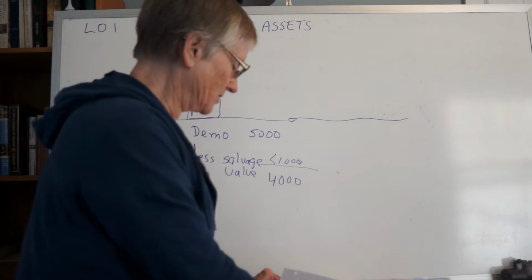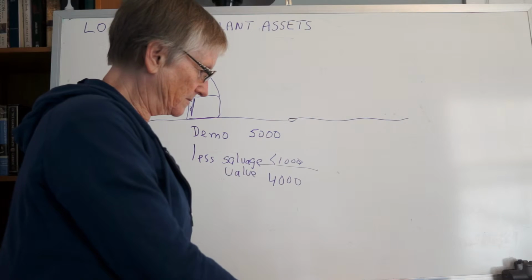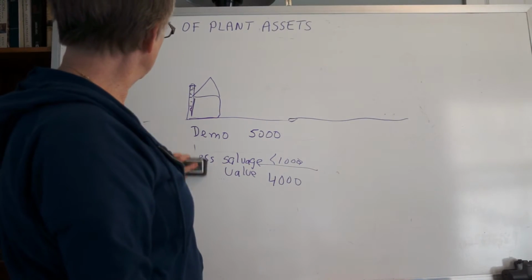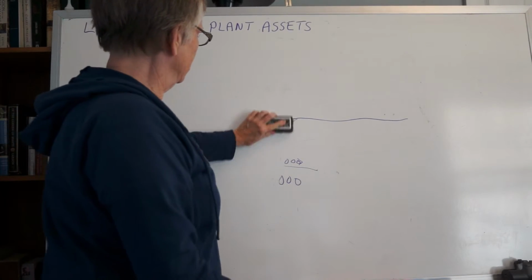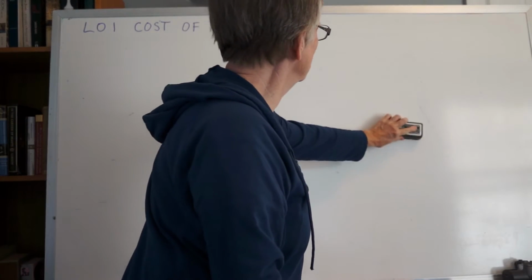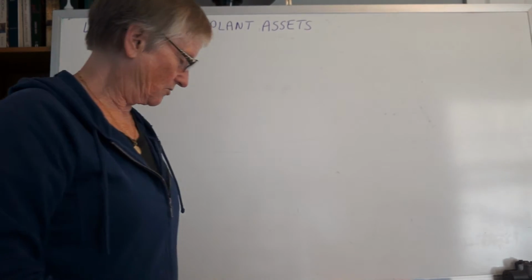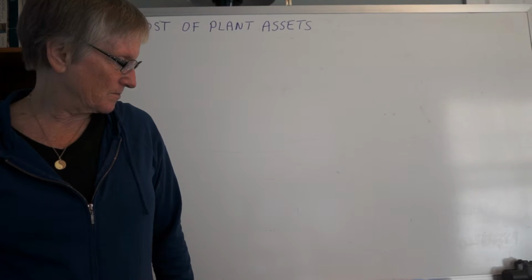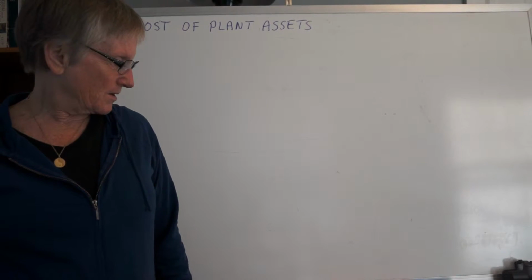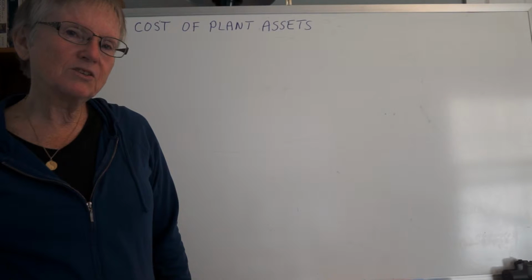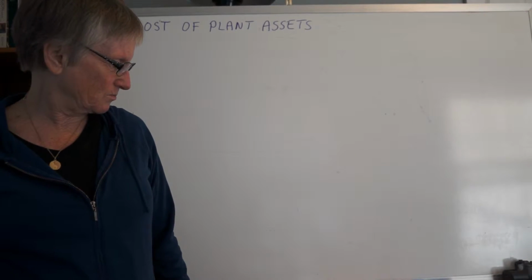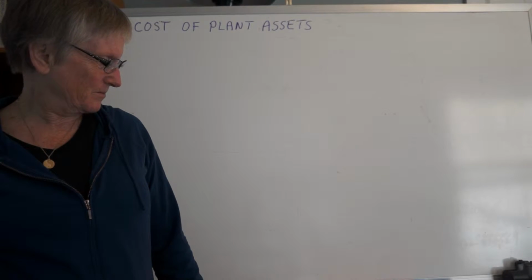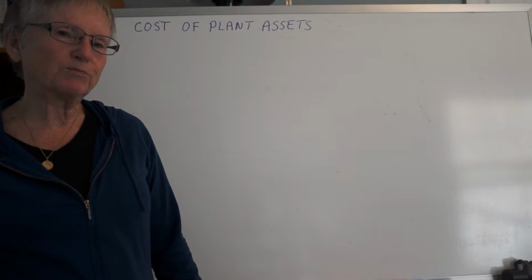Okay, so that's land. Let's talk a little bit about land improvements. This is a different category. You have your land, and land improvements are things like fences, driveways, parking lots, underground sprinkler systems, things that are man-made but will wear out over time, just man-made structural improvements to the land.